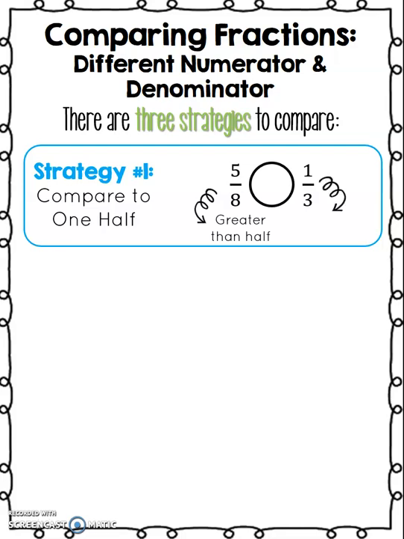And I know that 1/3 is less than 1/2 because I can use that rule with the same numerators to tell me that 1/3 is less than 1/2. Since 5/8 is greater than 1/2 and 1/3 is less than 1/2, that means 5/8 must be greater than 1/3 because I can compare it to that benchmark fraction of 1/2.